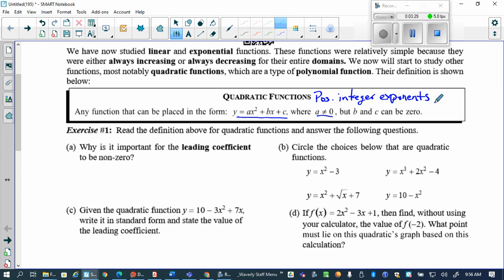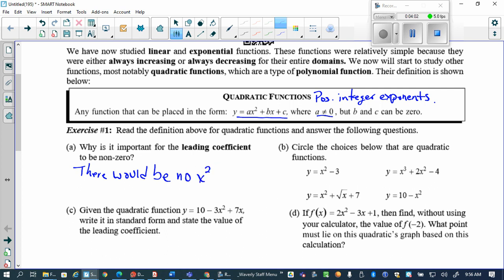So let's think about this, where they say a cannot equal 0 in ax squared plus bx plus c. In part A, why is that important? Because then you would have a leading 0. And would it be quadratic anymore? Because there'd be no x squared term. If a was 0, there would be no x squared term, and therefore it can't be quadratic.